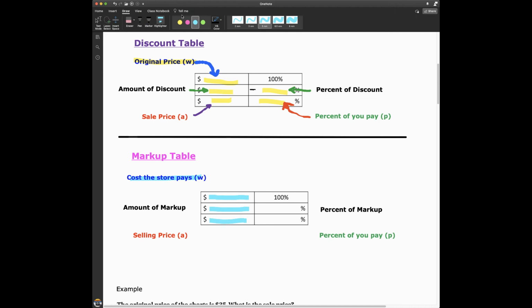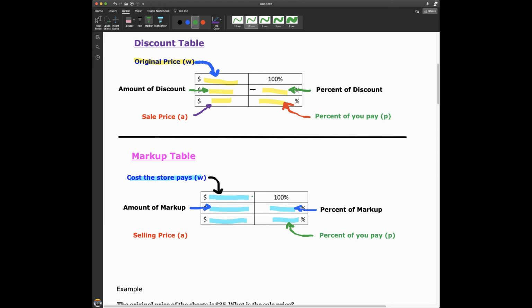That's the selling price. All right. That percent of markup goes here, and the percent you pay goes here. So I see some arrows that talk about that. So here's the cost to the store. Here is the amount of the markup and the percent of the markup. This is the percent that you would pay.